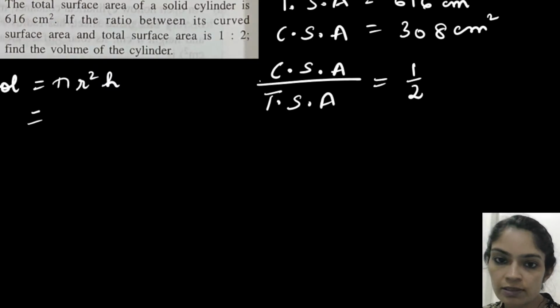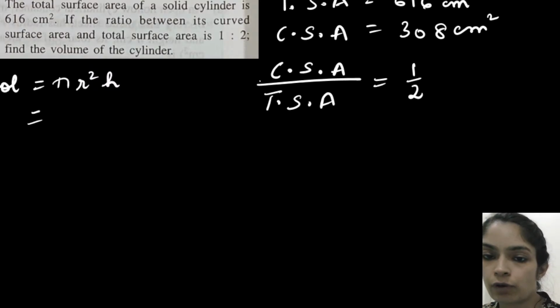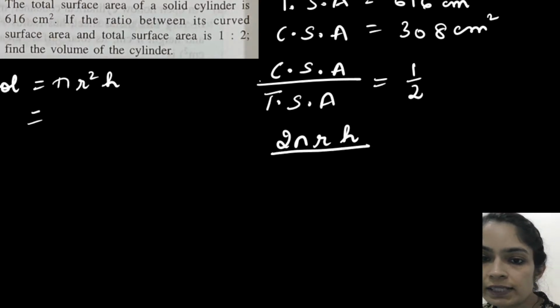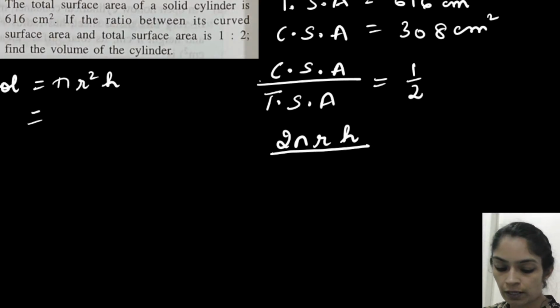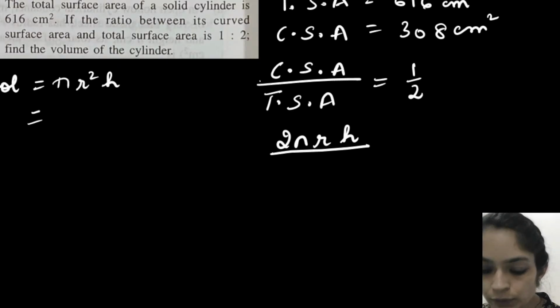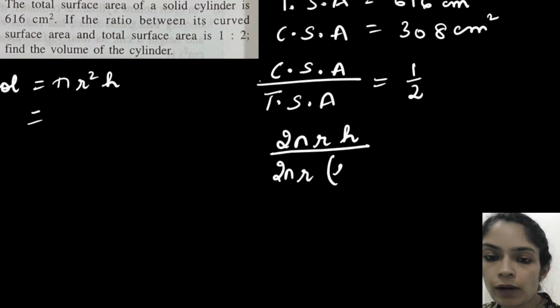Curved surface area's formula is 2 pi rh, and the formula of total surface area is 2 pi r into r plus h, which is equal to 1 by 2.